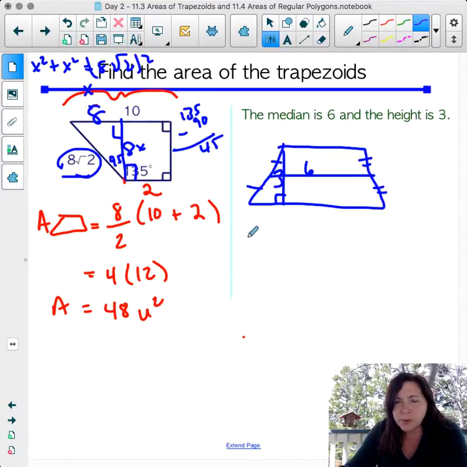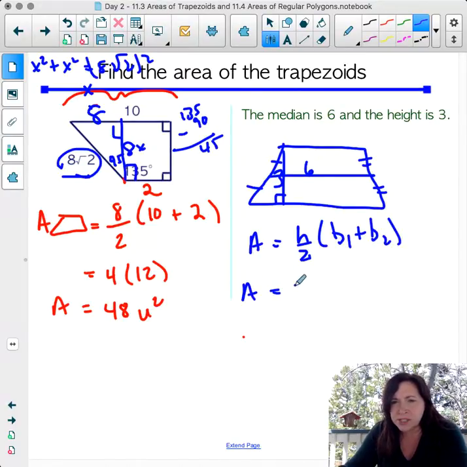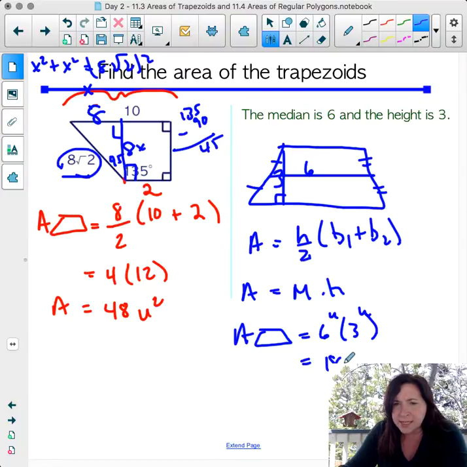So two formulas that I have are the area of a trapezoid is equal to the height divided by 2 times the sum of the bases, which I actually don't have the sum of the bases. So I'm going to use this formula, which says the median times the height. So the area of my trapezoid is going to equal my median, which is 6, times my height, which is 3, which is units times units, which is going to equal 18 units squared.